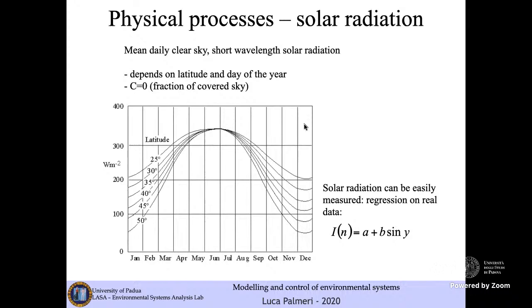So when we make this model, first of all, we assume that we are in clear sky conditions, so the factor correcting for the presence of clouds will be equal to 0. In this case, by a regression on real data, you obtain a very simple sinusoidal model that links the quantity of energy arriving on the planet in terms of watts per square meter, so the density of energy flow, with the day of the year.